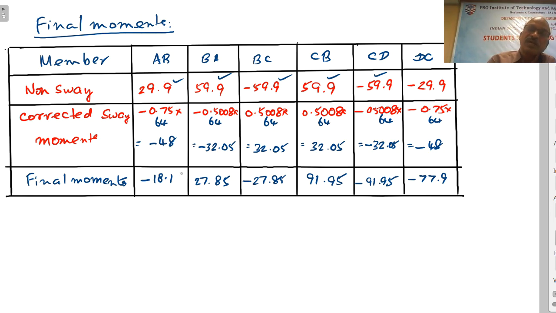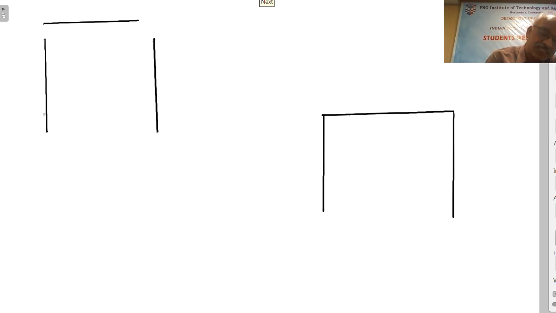So like this, we have to carry out 2 analyses: one is non-sway analysis, the other is sway analysis. Correct the values and add them, and we will get the final moment. So these are the final moments. This is minus, this is plus, this is minus 18.1, 18.1.